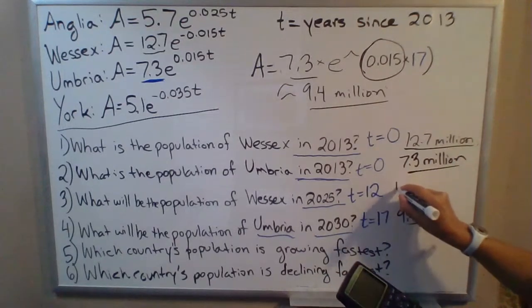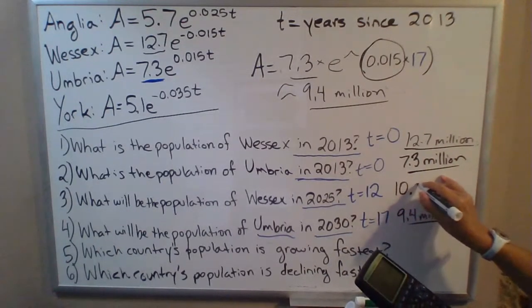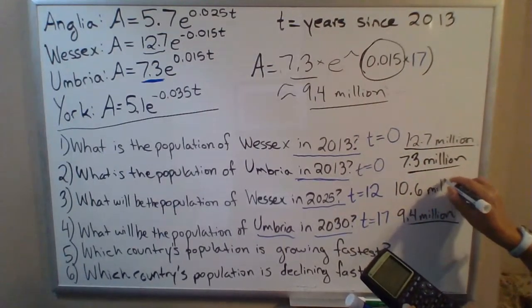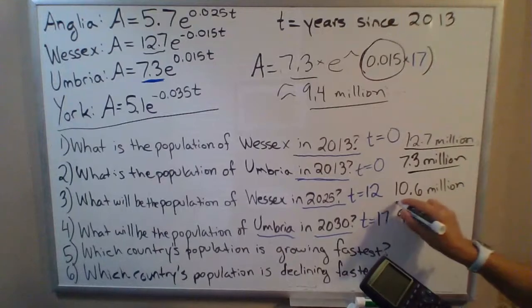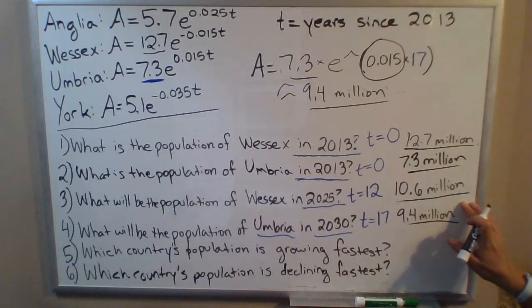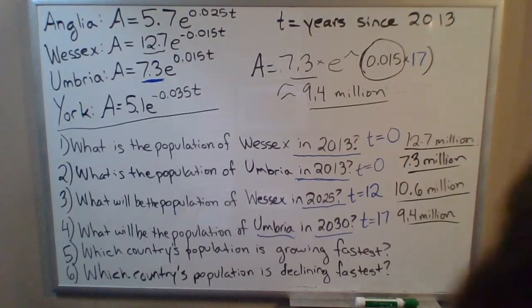So for number 3, the computation that I wrote up on the board was correct. I didn't input it into my calculator. I was using an old value before I changed some numbers in this problem. So it should be 10.6 million for question 3. Sorry about that. All right, let's see if we can finish this one up without other hiccups.